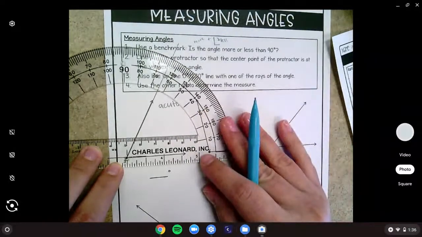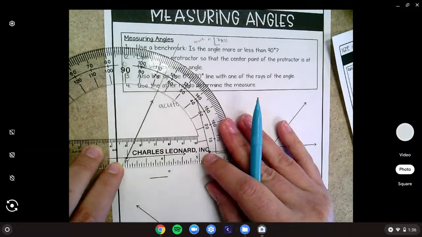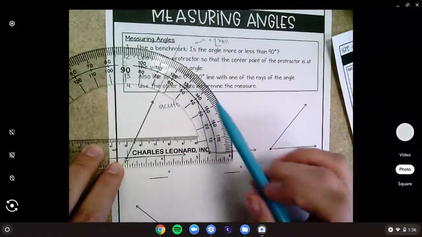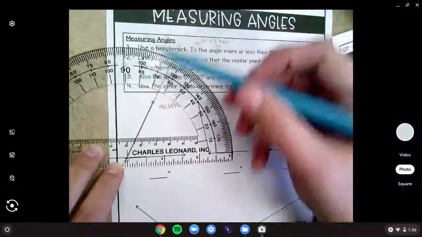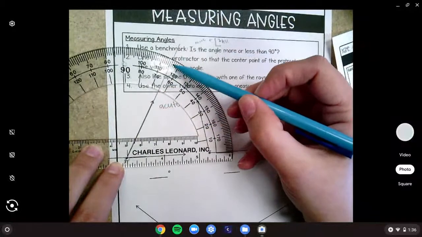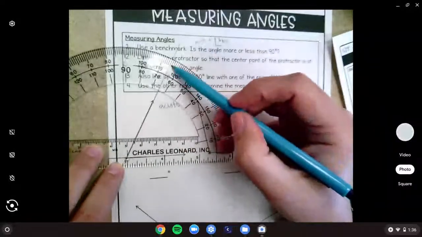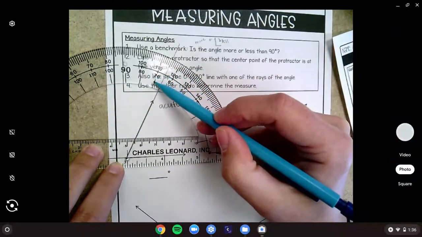So now I'm thinking through an acute angle. Is it going to be small or big? Small. So I'm using my smaller numbers between the two. So I follow it to where it's open and I follow this line out. Well, it's pretty much right between my 60 and my 70.